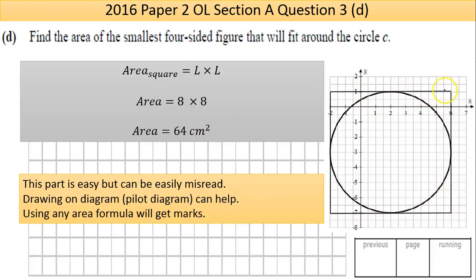Now, if you count the number of boxes, each box is 1 centimeter, so that's 8. And so is that. The area of a square is length by length. So it's 8 times 8, which is 64. Now, units are important. It's square units, and we started off with centimeters, so centimeters squared. You'll usually lose a mark for not including the units, so units are really, really important. And that should be that.